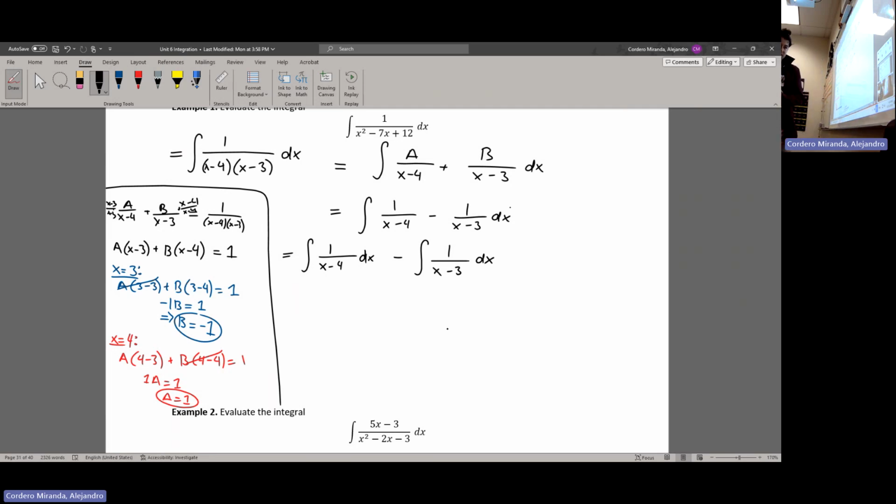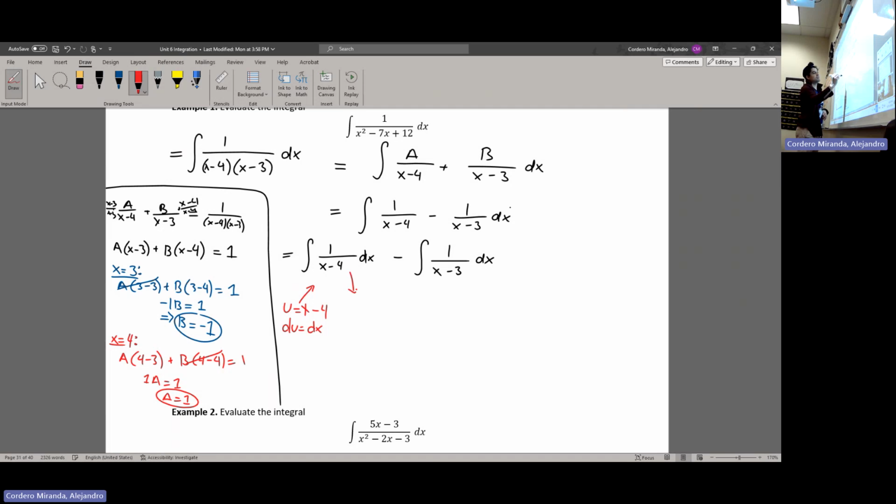Okay, and then technically there's a u substitution that needs to happen here, but you can kind of skip that if you're careful. So for the first example, let me do the u substitution, but most of the time I'm going to skip it. Watch this. U substitution would be, you make u be x minus 4, and then du equals dx, which is exactly what you need.